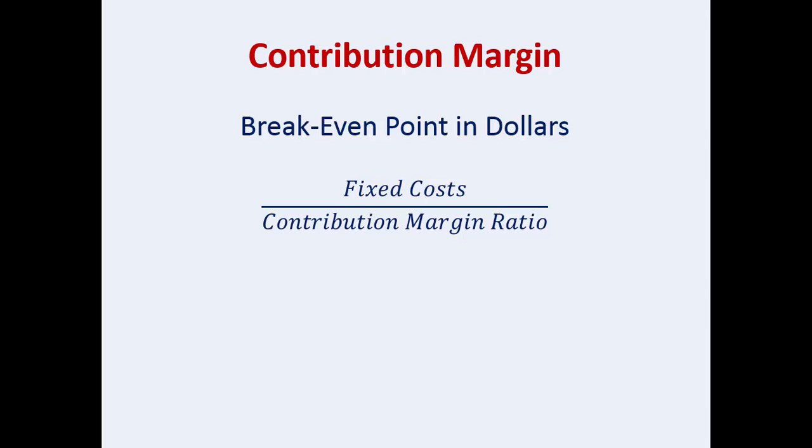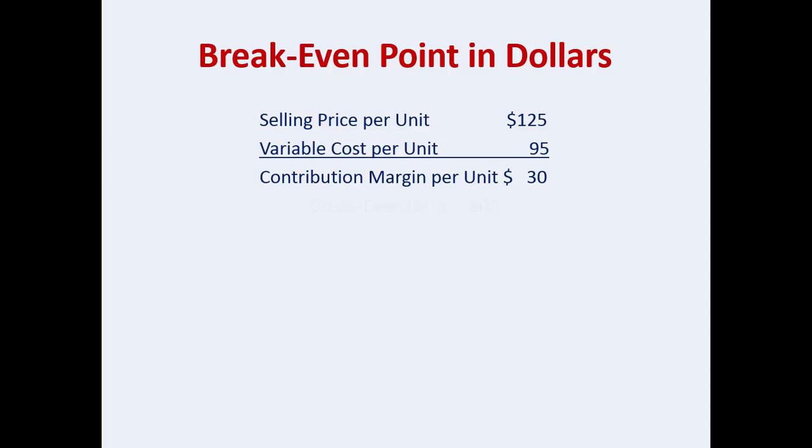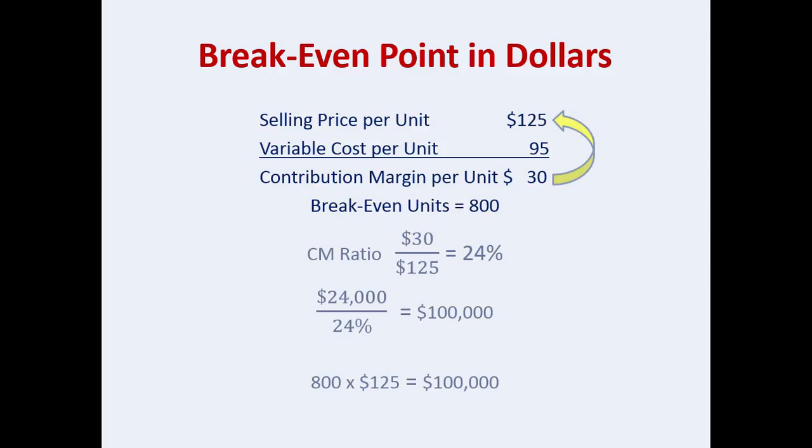Break-even point in dollars, you simply take the fixed cost. Instead of the contribution margin per unit, you divide it by the contribution margin ratio. Same example. I take the contribution margin per unit of 30 divided by 125 to give me that ratio of 24%.